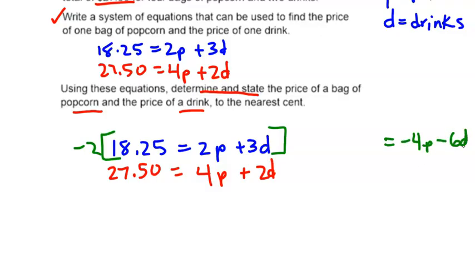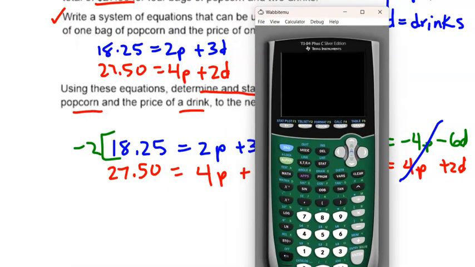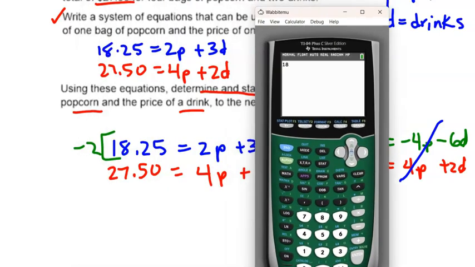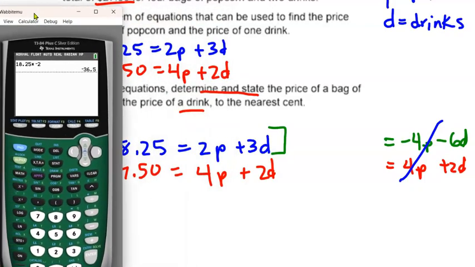And that's exactly what I want, because I want it to eliminate with the positive 4P that I already have. Now all I have to do is get my calculator out, so I can multiply 18.25 times -2. And then I'm also going to do some subtraction when I finish this off.